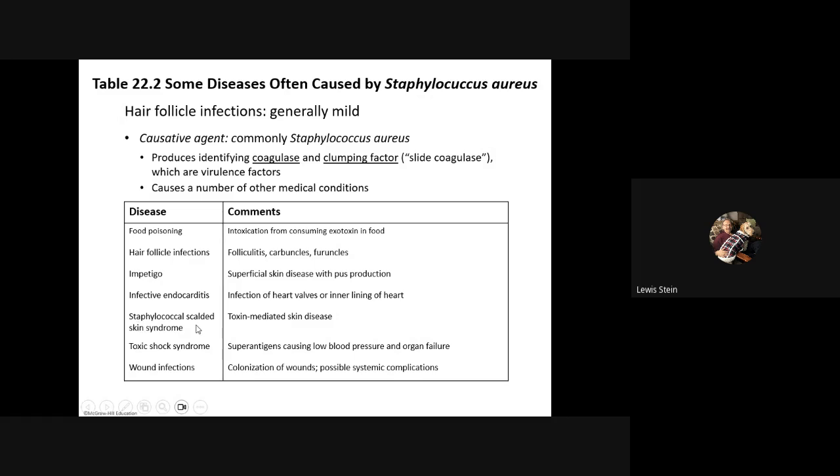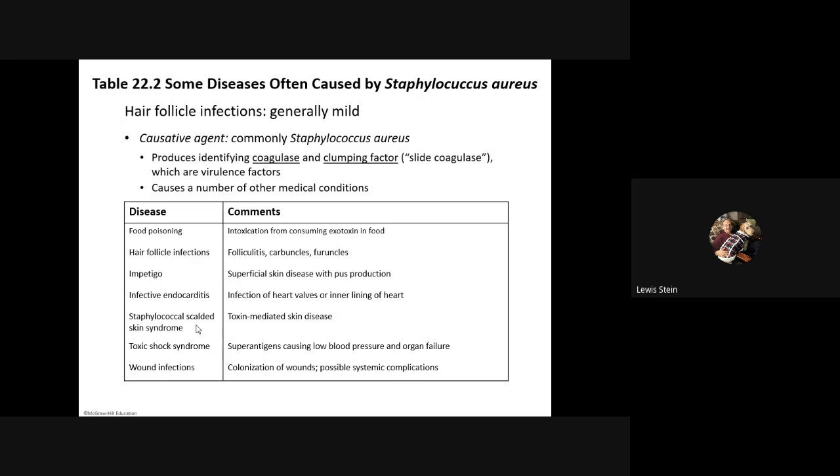You'll see this. It's got a very interesting name. Unfortunately, it's contagious enough that it will go through a nursery. If you're really interested in neonatology or maternal child, the name of this toxin is exfoliating toxin. Imagine a baby without getting burned.